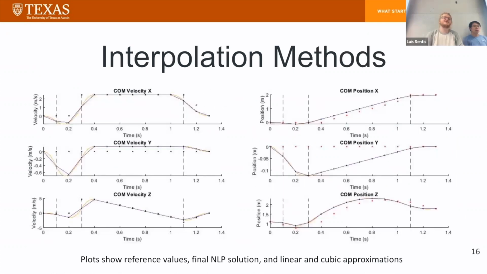Yeah, so these are actually some of our results. Some of the interpolation methods, I think this is jumping on the box. First off, we have references, which are these little dots here. So there's the original reference, and then the black dots that line up with the spline are the output of the trajectory optimizer.